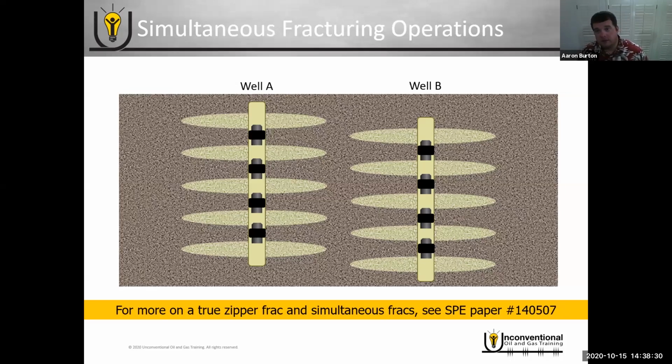They're actually focused on downhole subsurface efficiency, if you will. So with those techniques, they're actually trying to play on stress shadowing effects and get a better frac job. But in most cases, operators are not currently doing that. They're doing what I refer to as simultaneous fracturing operations to improve surface efficiency. So if you want to know more about those, check out this SPE paper 140507.